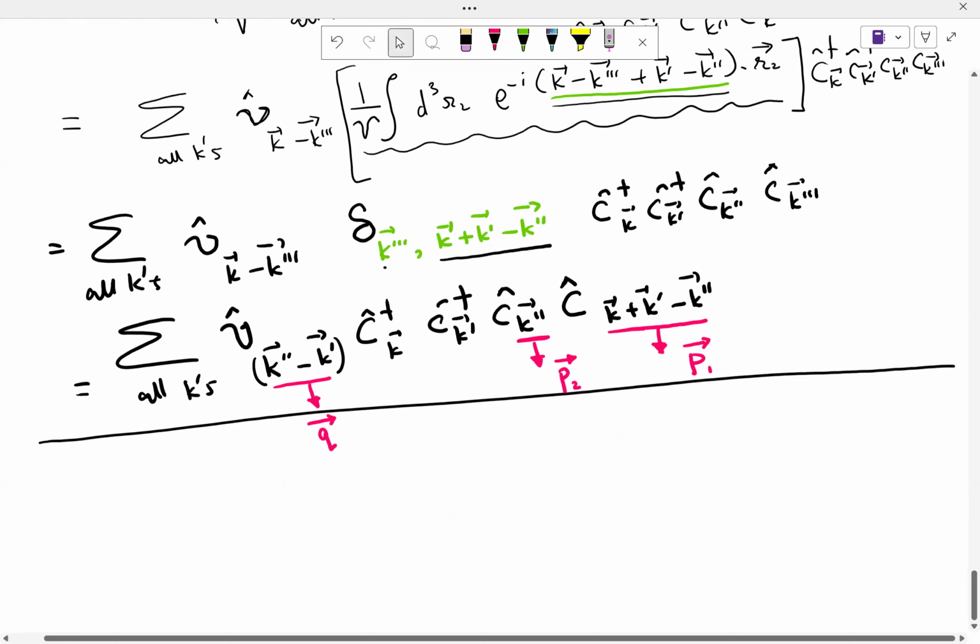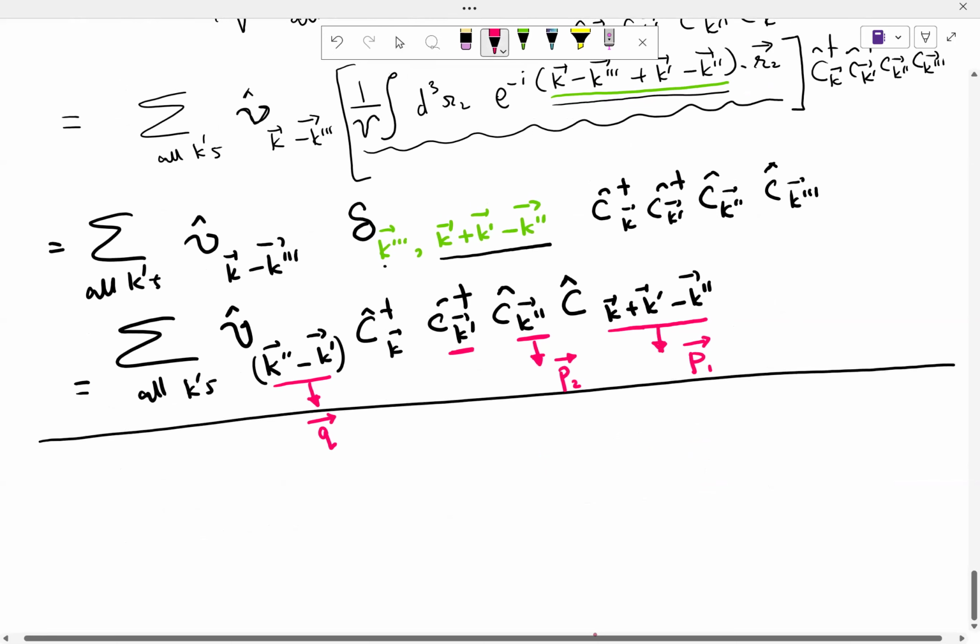Then you can show that this term here, K prime, is given by P2 minus Q, and this term will be given by P1 plus Q. So just relabel the momentum operators.